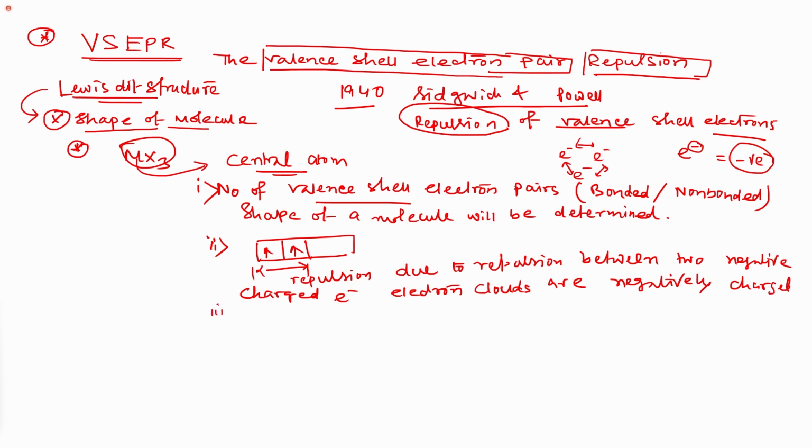The third postulate is that pairs of electrons tend to occupy positions in space that minimize repulsion and maximize distance.